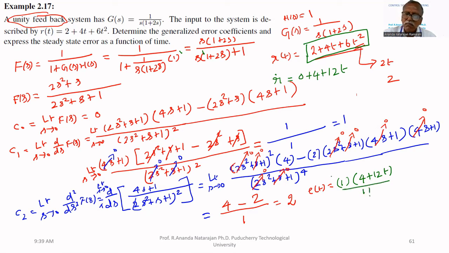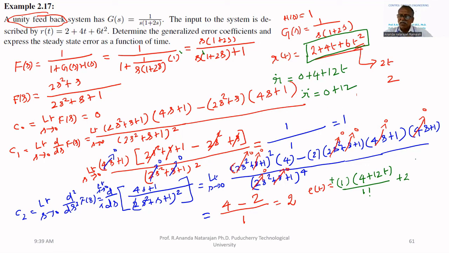C0 we didn't get any minus. Plus C2, which is 2, multiplied by r double dot. R dot equal to this, therefore r double dot equal to what? Again, this is 0 plus 12.